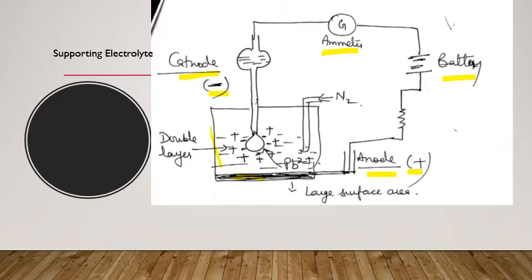So the cathode, you are able to see here the DME electrode, which from the upper side is the reservoir of the mercury, and which is attached to a small capillary tube, which produces this frequent drop, which is negatively charged. And this is the construction of the mercury electrode.